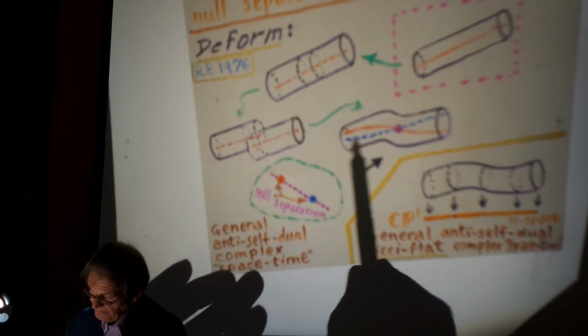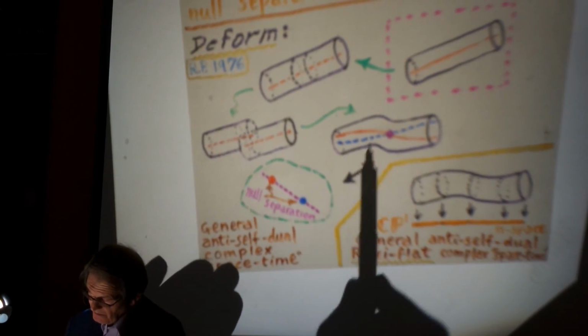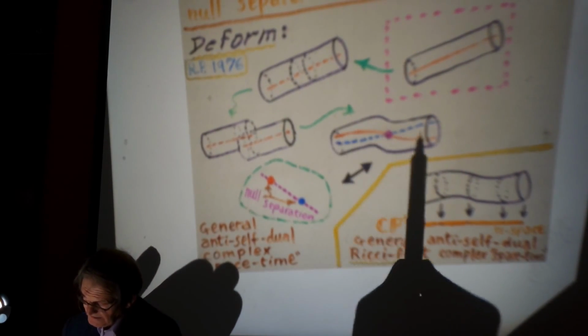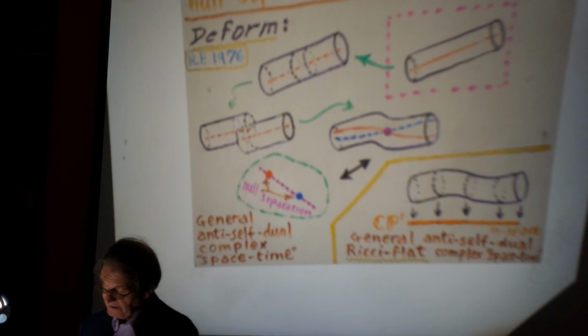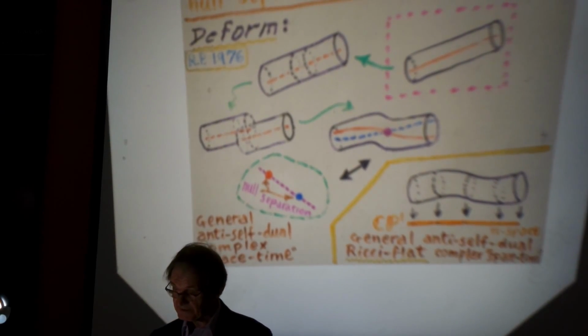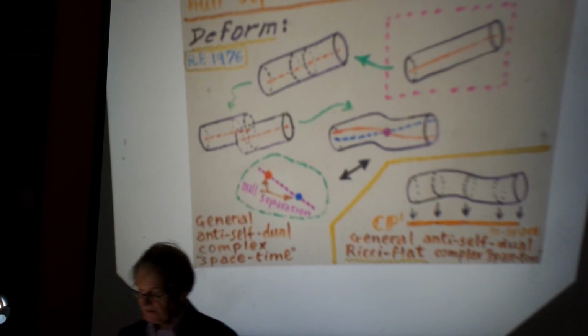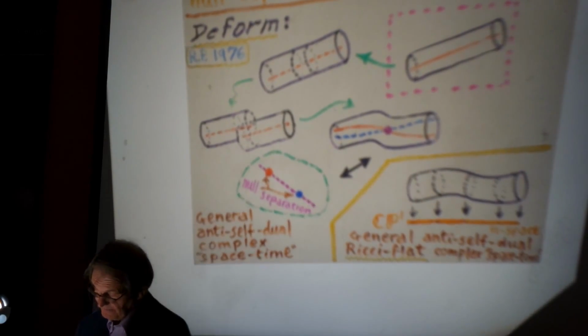Since it's a 4-parameter family, it would make a space whose points are these curves. And that space would be a 4-dimensional complex manifold.